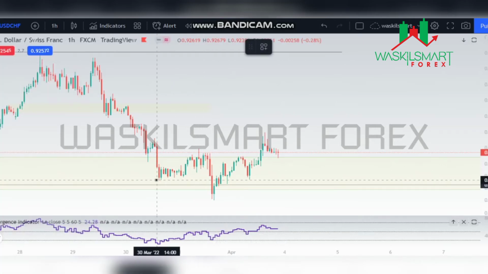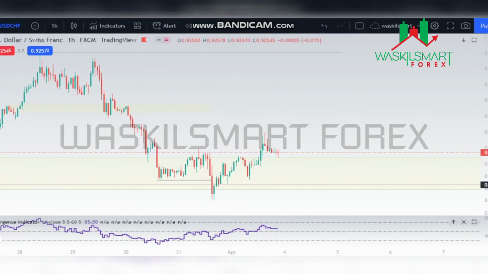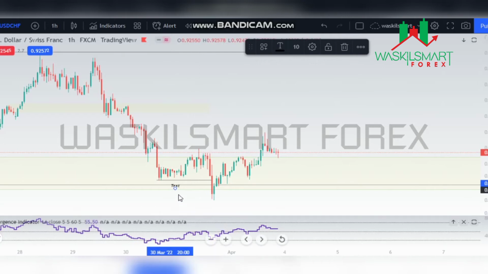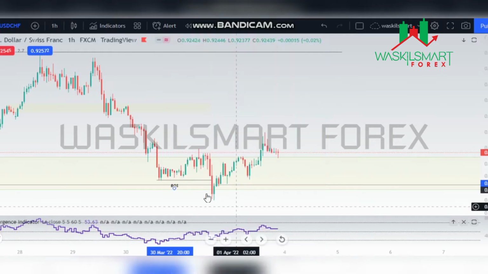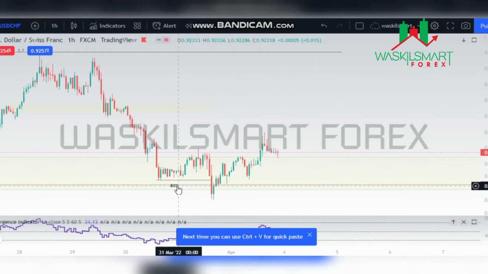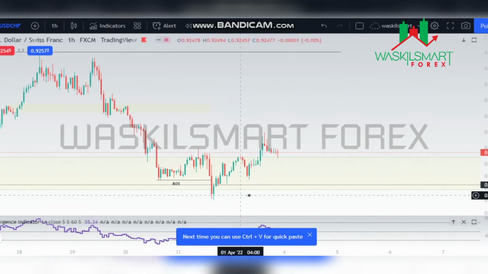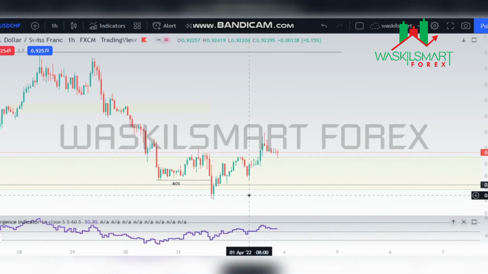From here I got a break of market structure, a BOS, so for this place I got the BOS. Now what I'm going to expect is a change of character, right? But that's not how it goes.